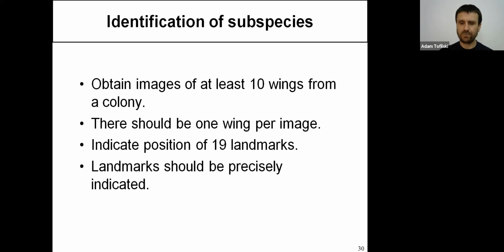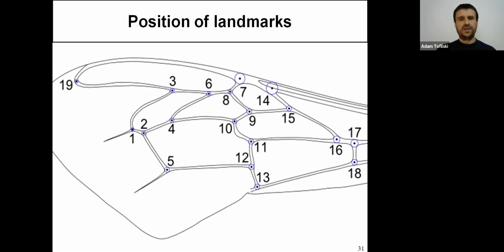If you don't place the points correctly, the identification will not be precise. In order to make the location precise, it should be well described. On the picture here, you see that each of the 19 landmarks has a blue circle.